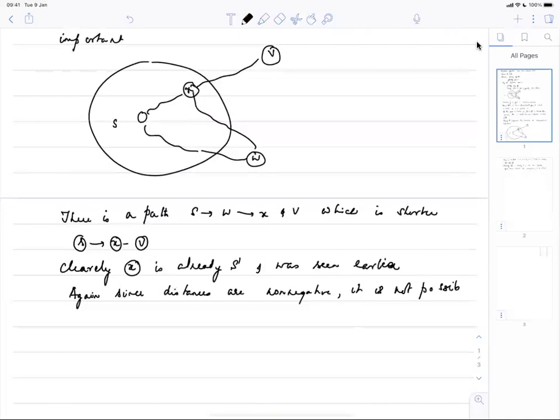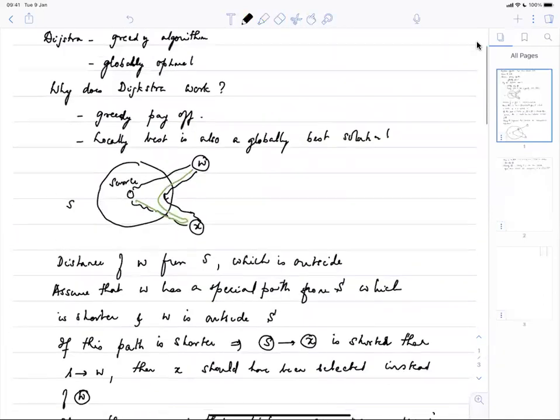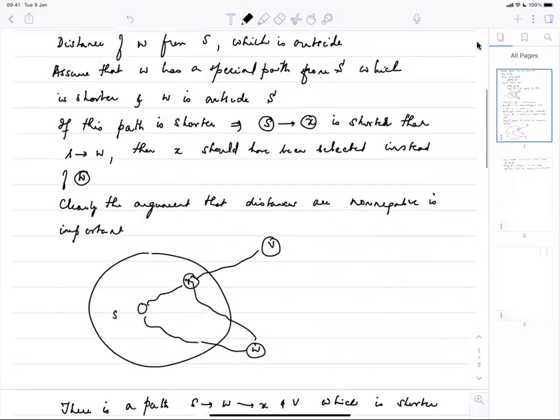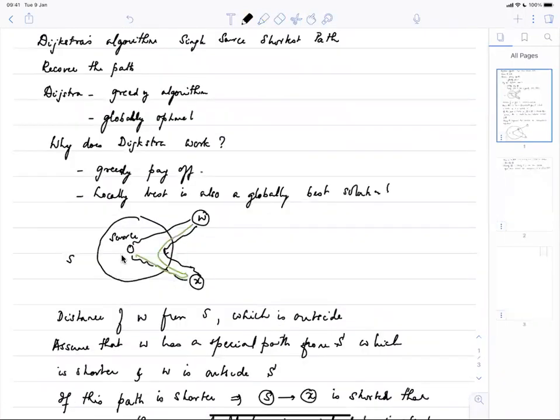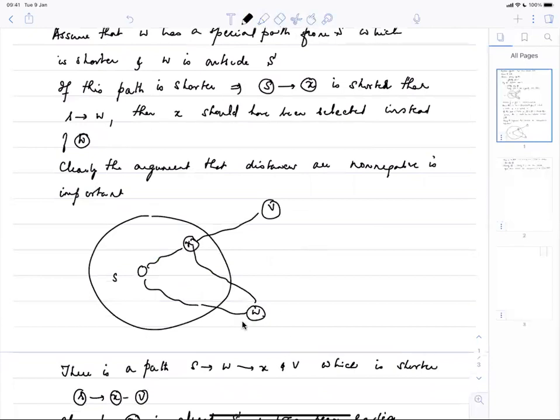Okay. So we looked at two cases. In one case X was outside, in another case X is inside. In the earlier example, we go to an X outside, come into S and go to W, one situation. And the other situation is, you go out to a W which is outside S, come into X and go to V. If these are shorter special paths, is it possible?